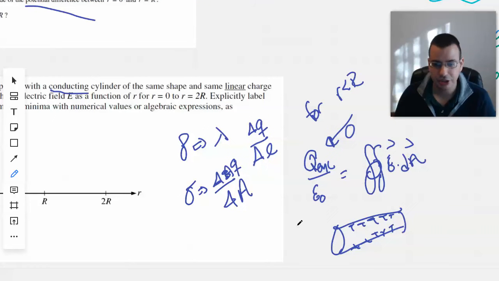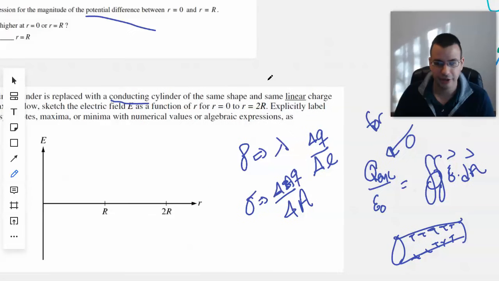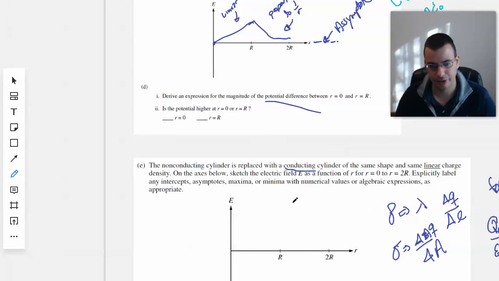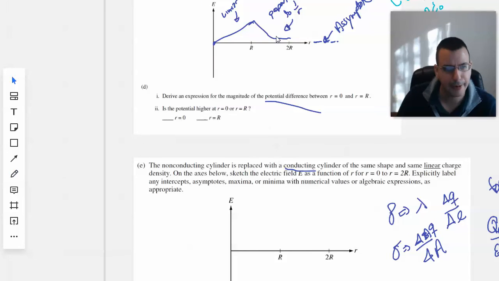But once we get to the outside, we get all those charges all at once. So we'll get the full power of the electric field all at once.